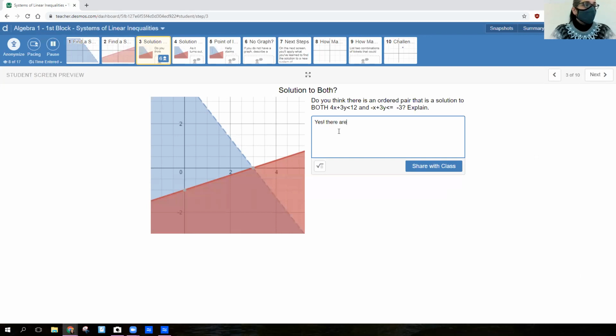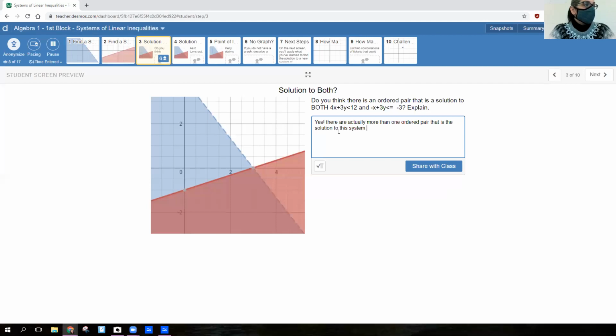There are actually more than one ordered pair that is the solution to this.